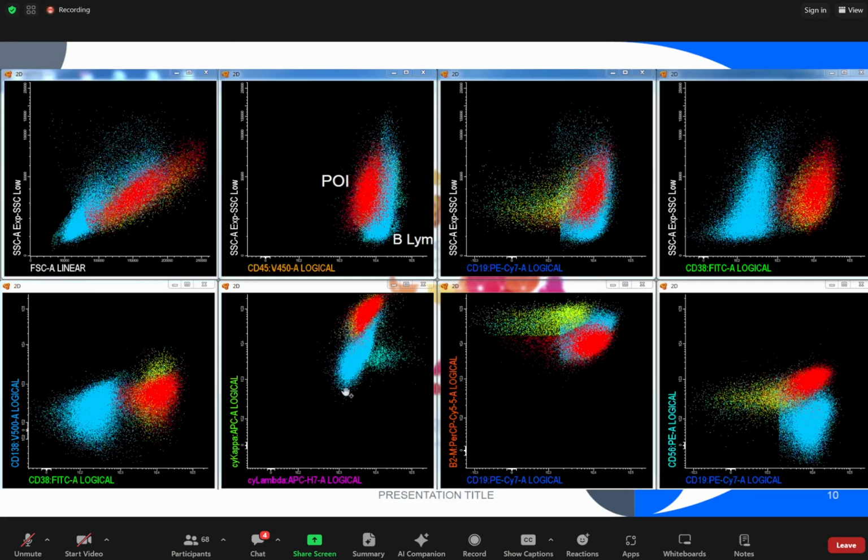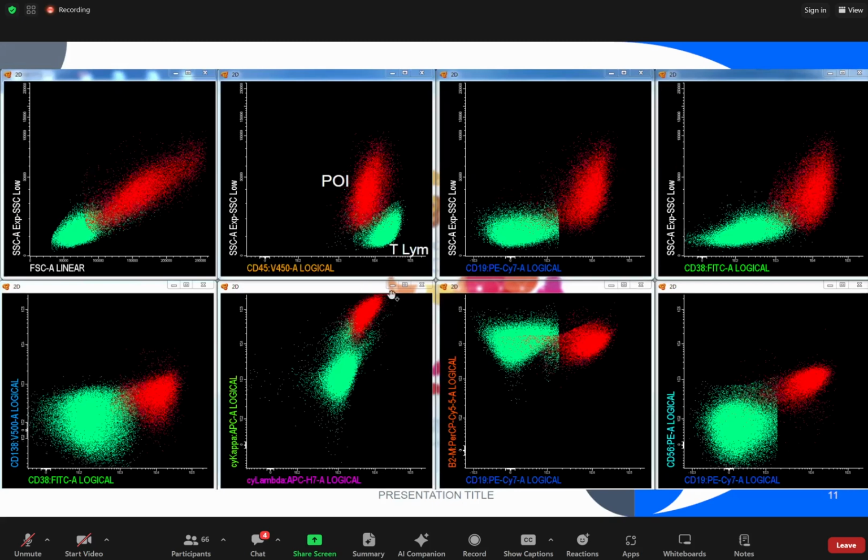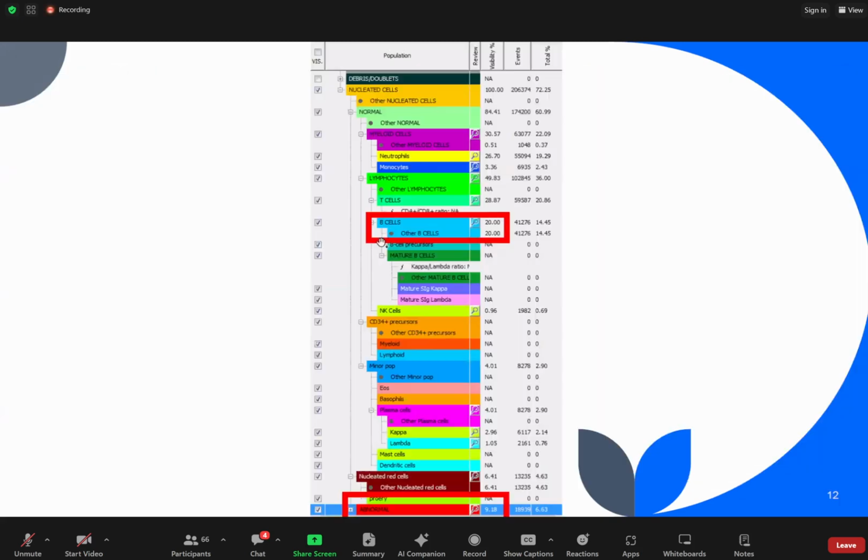They basically form one big population here, but it's really hard to interpret from here whether it's kappa or lambda. So because of the presence of this abnormal B cell as well, we proceeded with our lymphoma panel screening too. So this is just a normal plasma cell and the T lymphocytes.